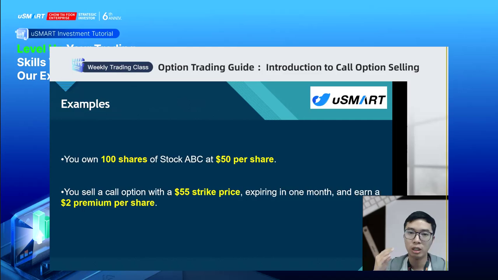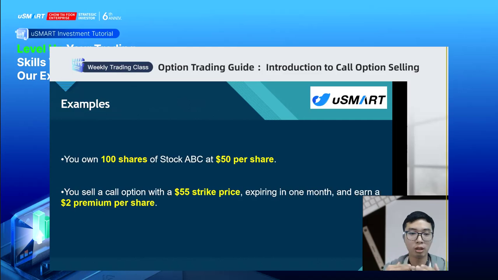So as long as the price stays below this 55 or sideways, you can, in this case, earn this $2 premium per share. Like maybe this month you can earn $2. If you get $2 and the price still didn't go past this 55 strike price, then you can keep on repeating, selling to earn this premium again.